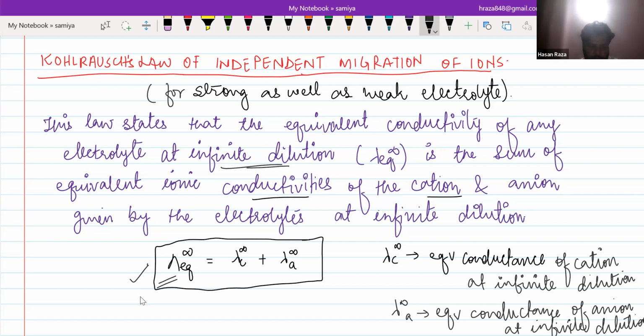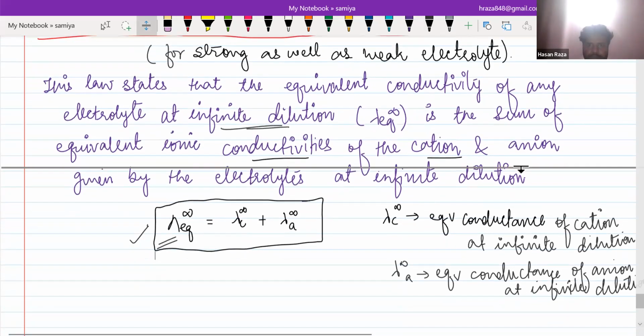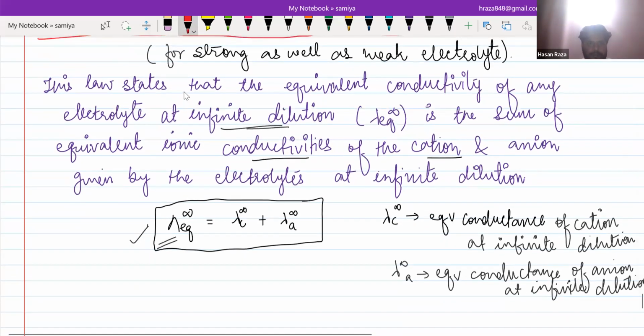Please write it and then let me know. Madhya, let me know if you are done with this.